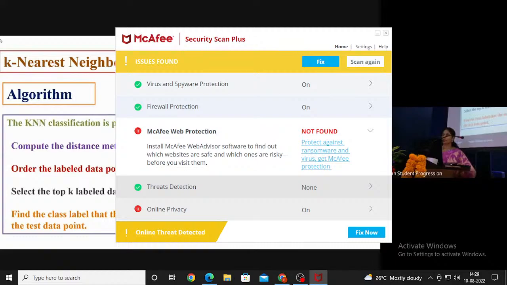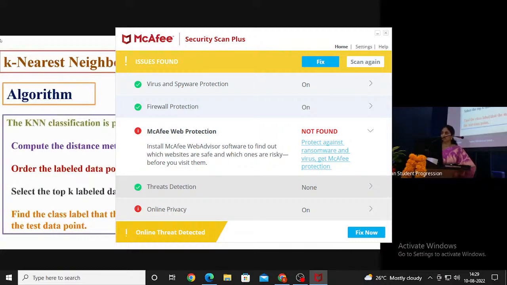Then you order the labeled data points in ascending order, obviously, because I want to find the nearest neighbors. Then you choose a K and select the top K labeled points which are very close in the distance metric.